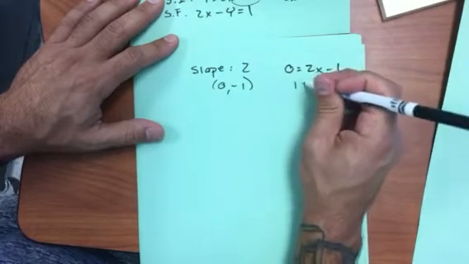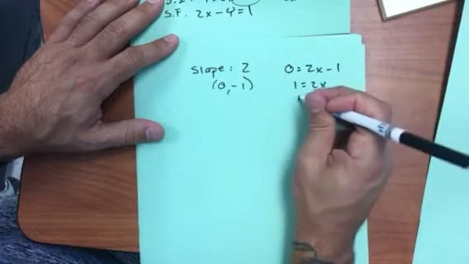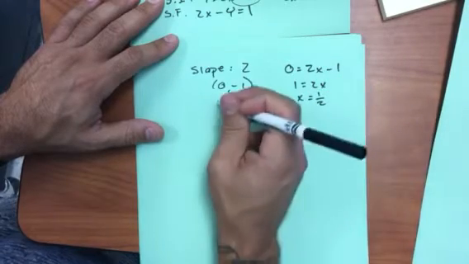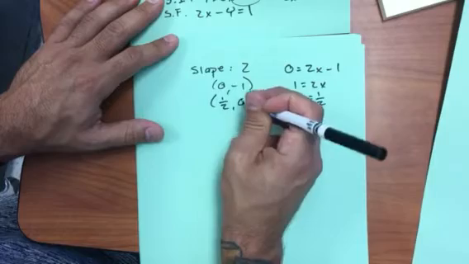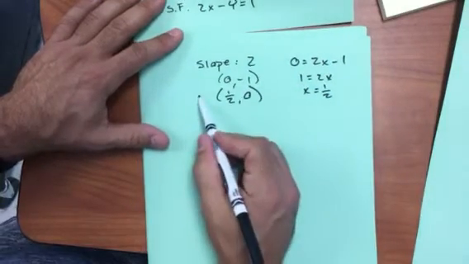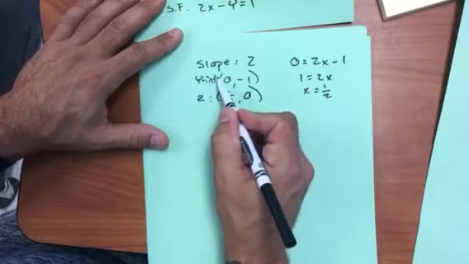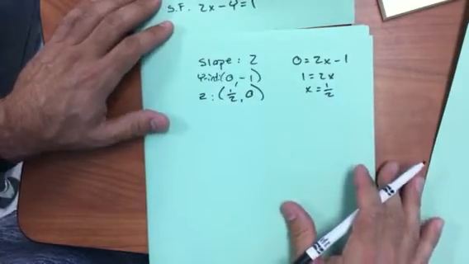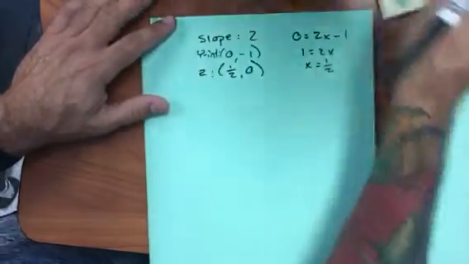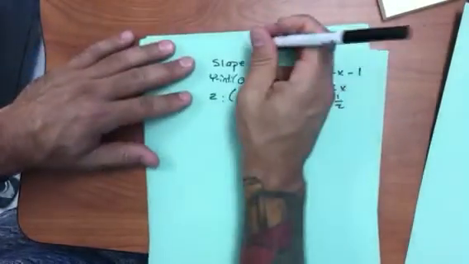I'm going to add 1. I'm going to divide by 2. So I'm going to have 1/2, 0. So this is my zero, this is my y-intercept, and that's what I'm doing. So I'm going to do some more examples, but this is pretty much everything that we're going to do.